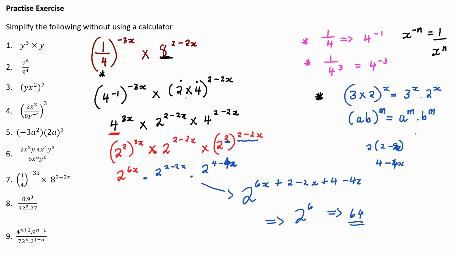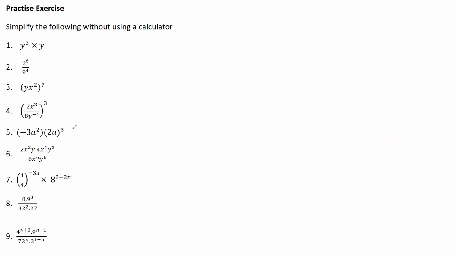To evaluate questions, we use laws without a calculator as it is. I'm taking this out right now. I want you guys to really get involved in all of this. All right, gone. Let's try number 9.